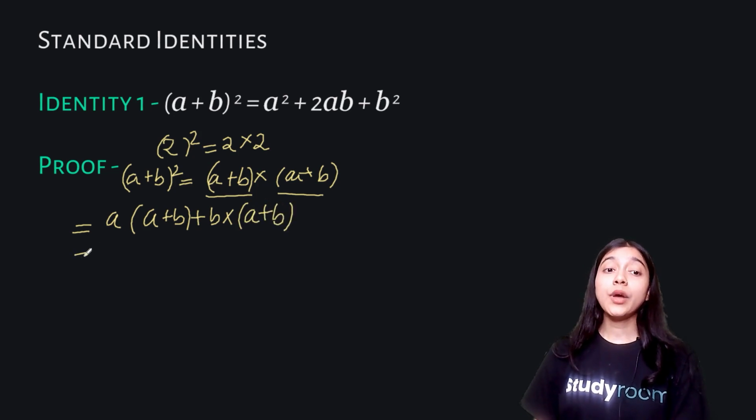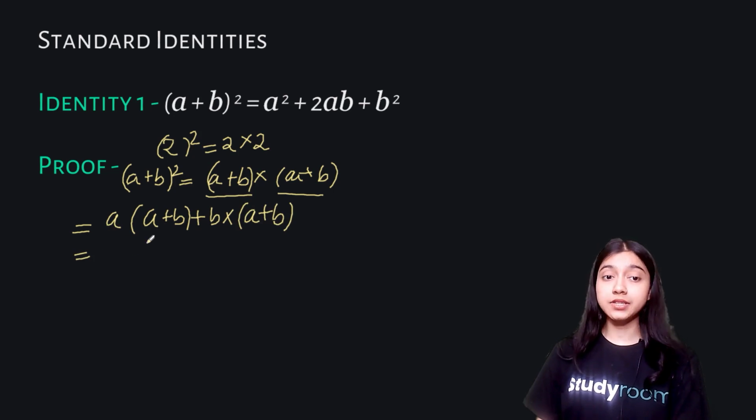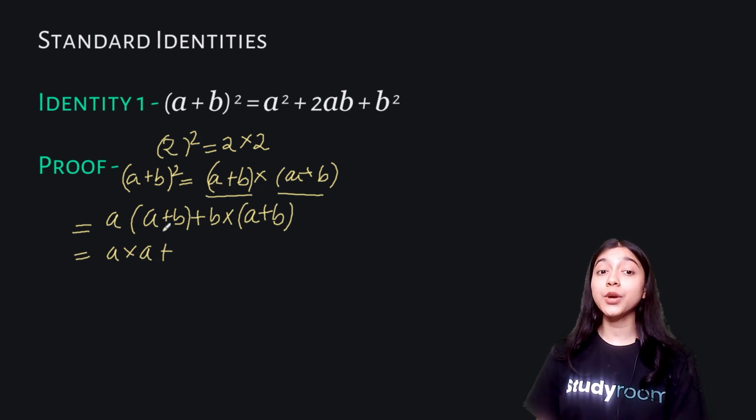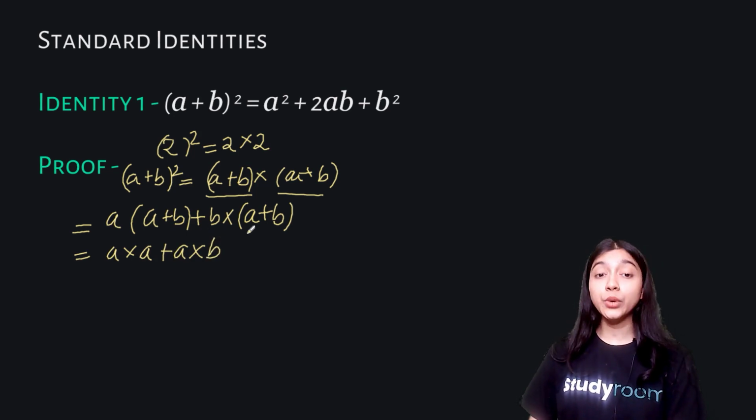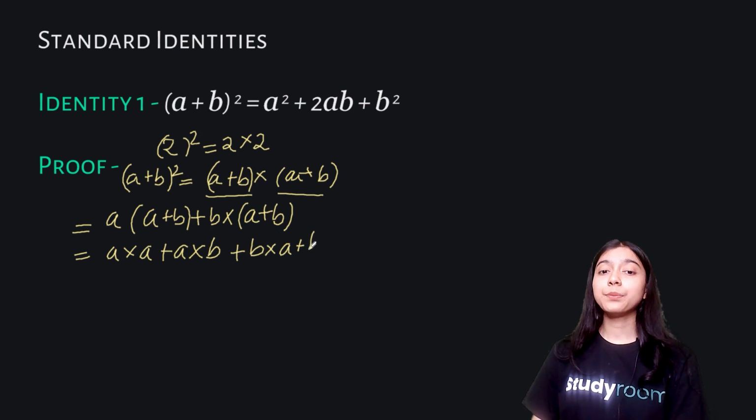Now, when I multiply a with the first term, that is a multiplied with a, then the second step is to multiply a with b. Then we have to multiply b with a and then b with the second term, that is b. So I'll write plus b multiplied with a and then plus b multiplied with b.